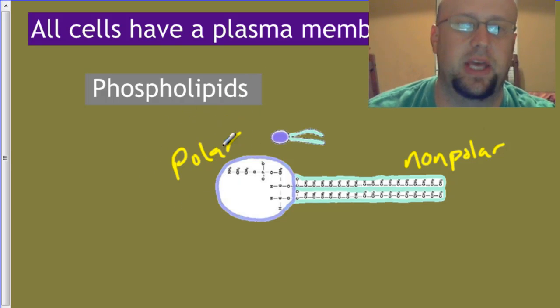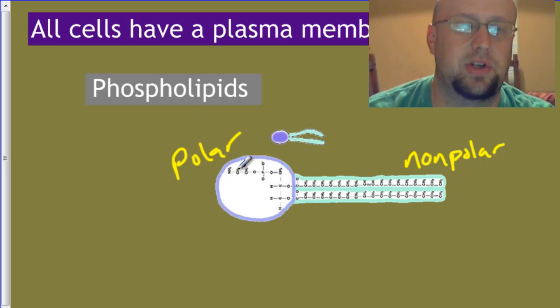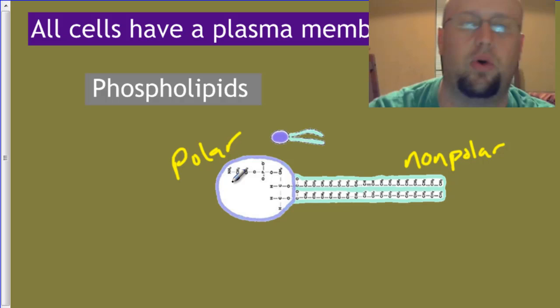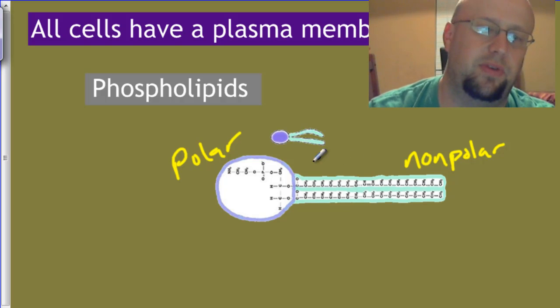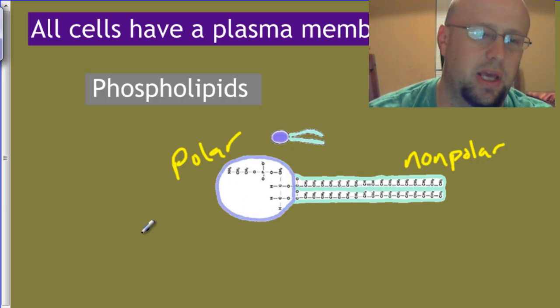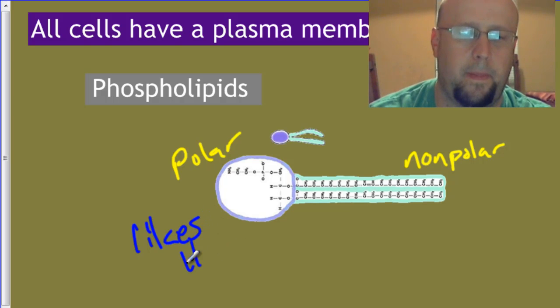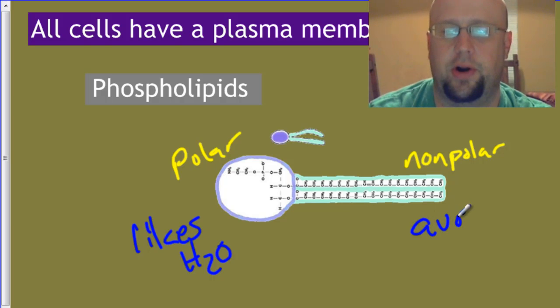And polar things, take something like salt or vinegar, which of course is mostly water, are polar types of molecules, and they dissolve very easily in water. They like water a lot. They're attracted to it. So in a phospholipid, we've got two ends: one end that likes water, and one end that avoids water.